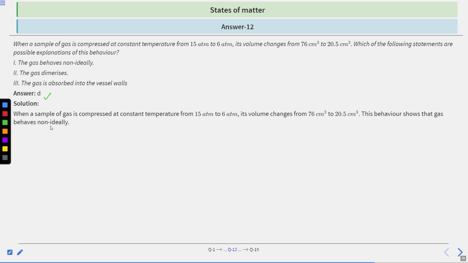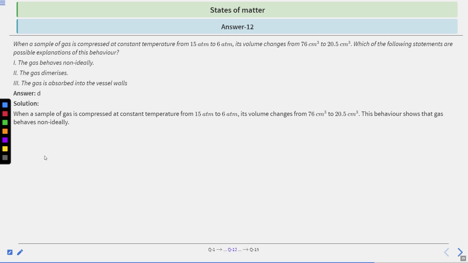And this behavior shows that the gas behaves non-ideally. Hence, only the first part is correct. So option D will be the correct answer.